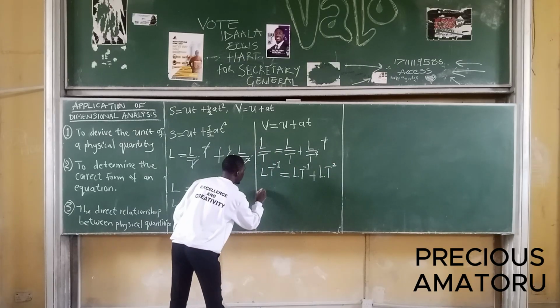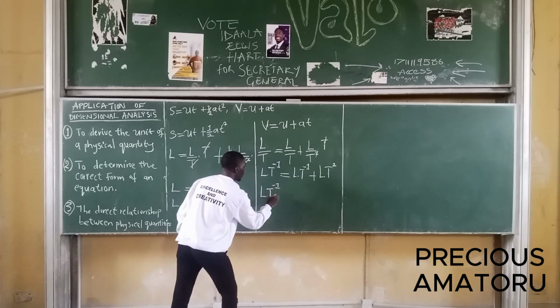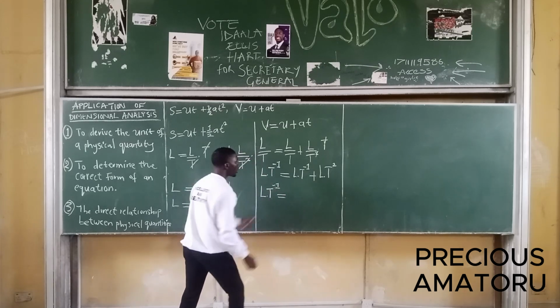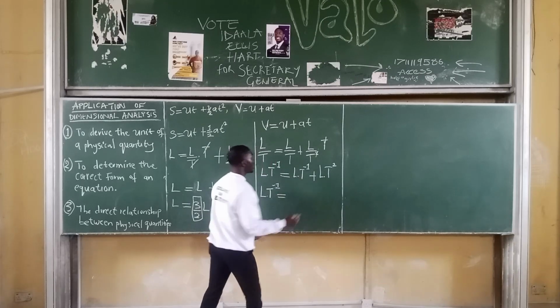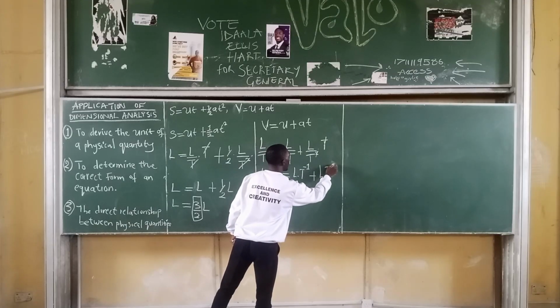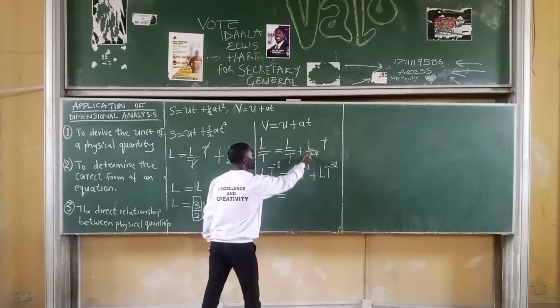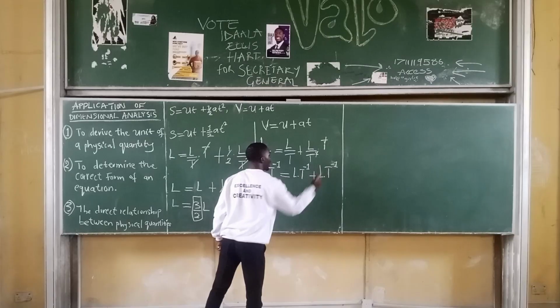So this is equal to L multiplied by T to the power of -1, because this cancels out, remaining T. We take T this way, it becomes T to the power of -1.